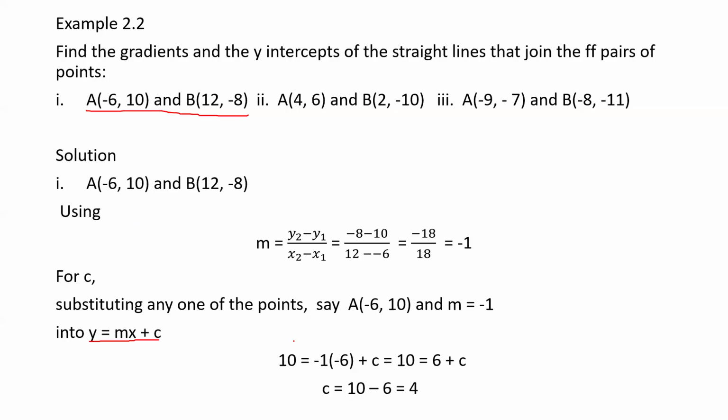Now here, if you take A, assuming we are using the point A here, it means we know x as -6, we know y as 10, and we have our m as -1. Let's put them into this y = mx + c, we get our c. So by substituting all these m, x, and y from point A, we are getting 10 for y equal to, now m is -1, so -1 times x is -6, plus c. Therefore, when we simplify all this, we get c now as 4.